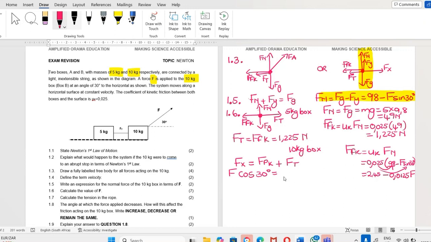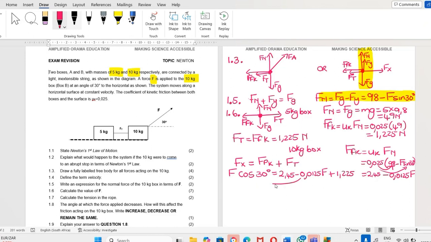So that would be the expression: 2.45 minus 0.0125 F plus Ft, which we already have as 1.225. Right. And then we can just simply isolate the F now.